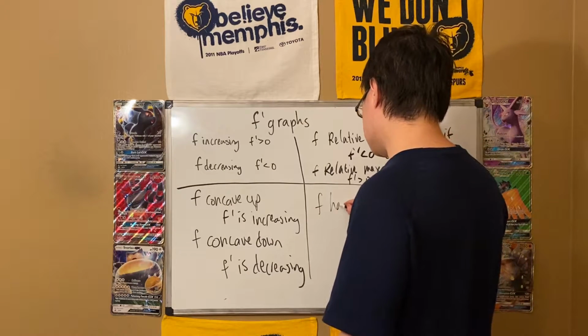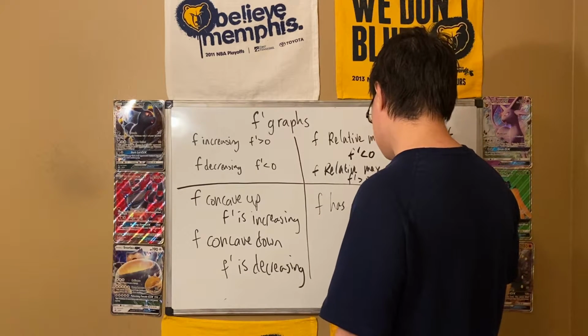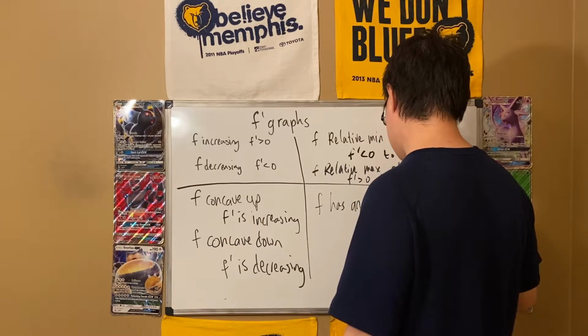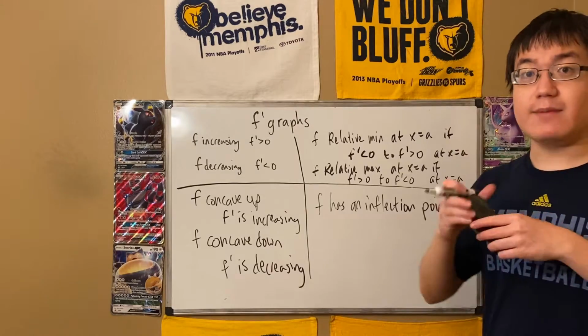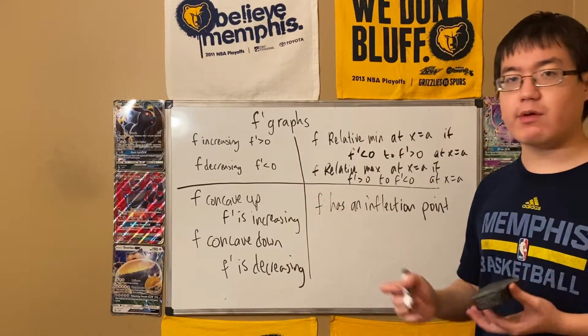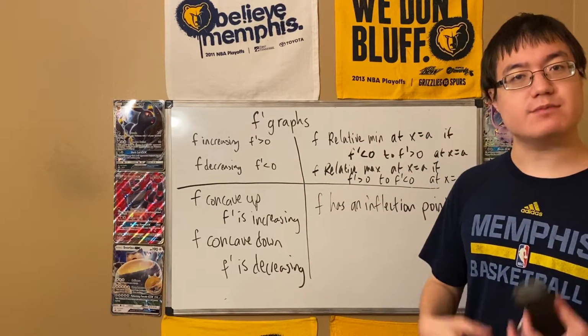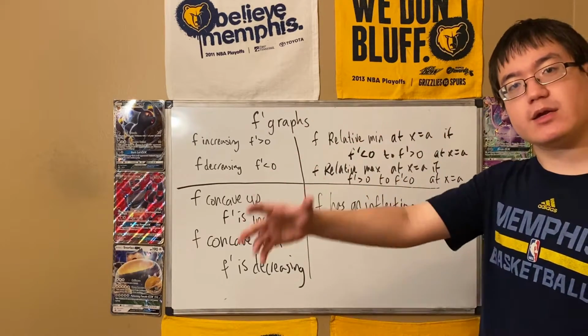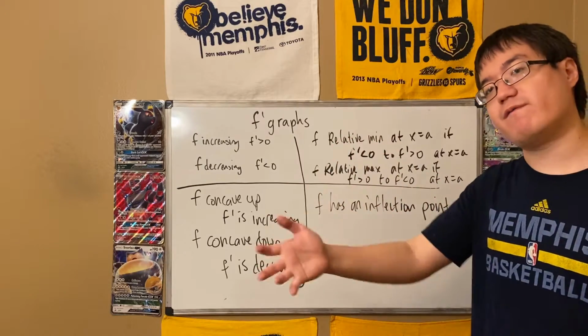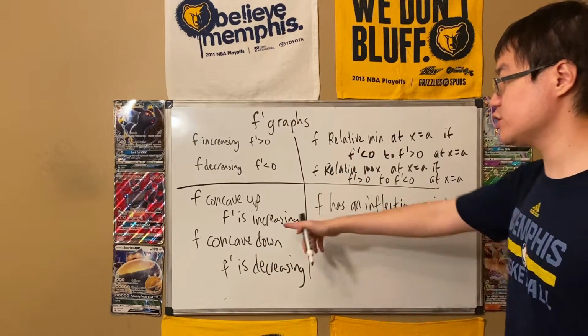Finally, we have inflection points. So f has an inflection point. That's when f changes concavity. Before, what we would do is see where f double prime changes signs. But in this case, we're going to see when f prime goes from increasing to decreasing, or f prime goes from decreasing to increasing. It changes concavity.